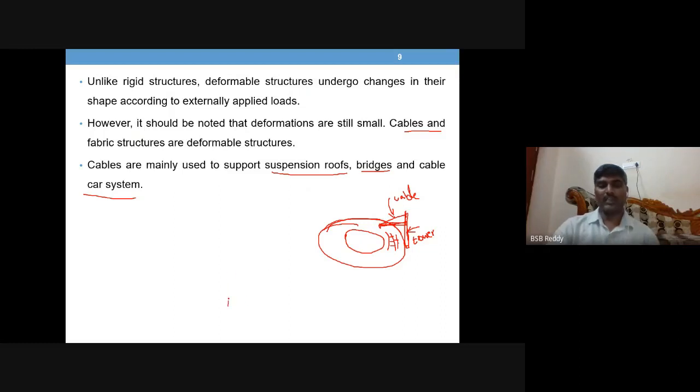One hillock is connected to another hillock by a cable, and you sit in a cable car enjoying the beauty of nature. In all these cases you see the purpose of the cable: to suspend the roof, the purpose of cable in bridges, the purpose of cable in cable car systems. This is what is important.